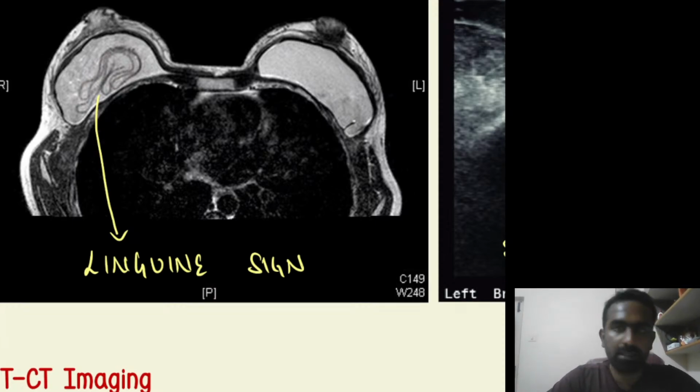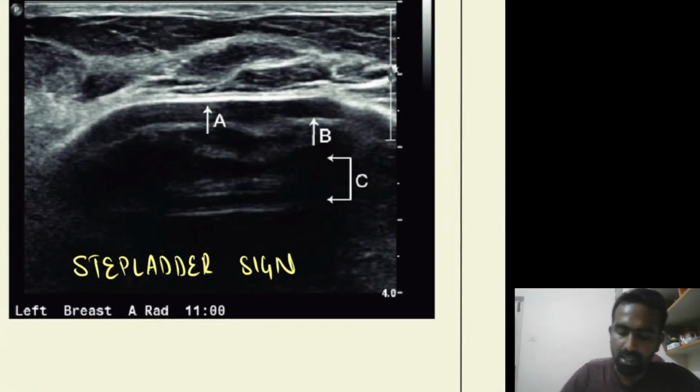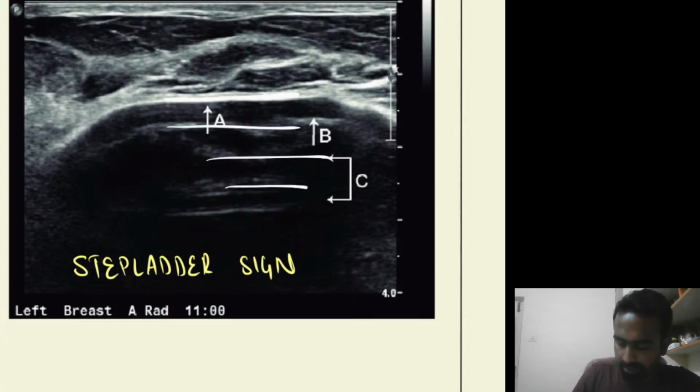The similar sign when it is seen on ultrasonography: ultrasonography is 2D imaging, which is seen from above downwards. So it is seen as a step ladder. See here, it is seen as a step ladder.